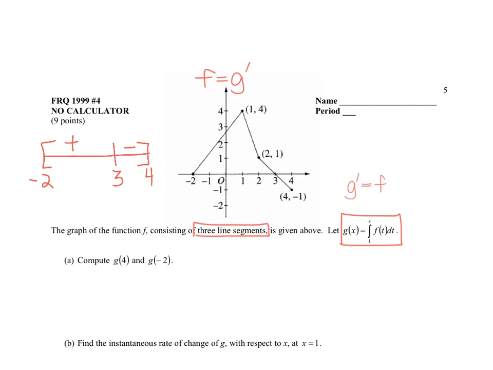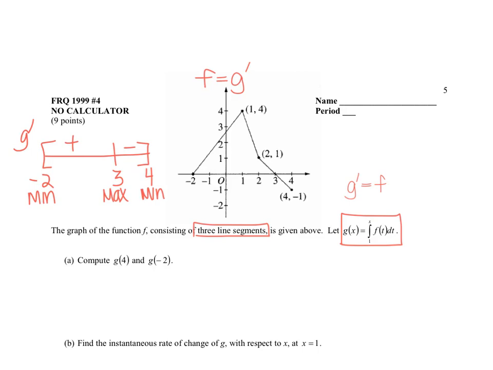What does that tell you? 3 is a max. The endpoints are mins. We didn't even read the problems yet. We got all of this information just by the information that was given at the beginning, right? Anything there that didn't make sense?